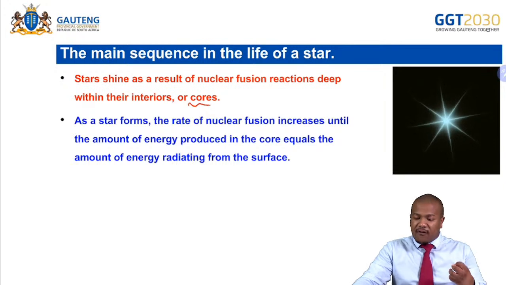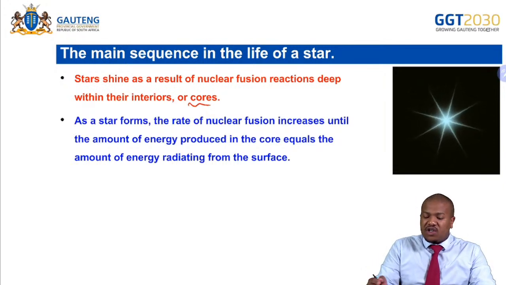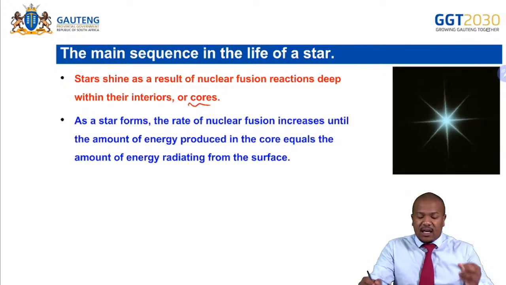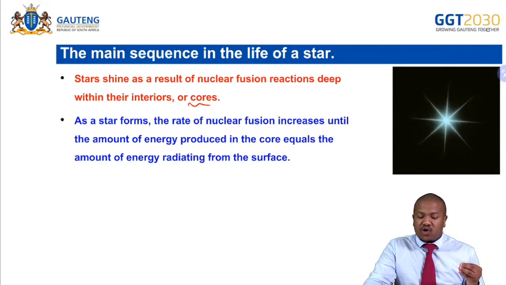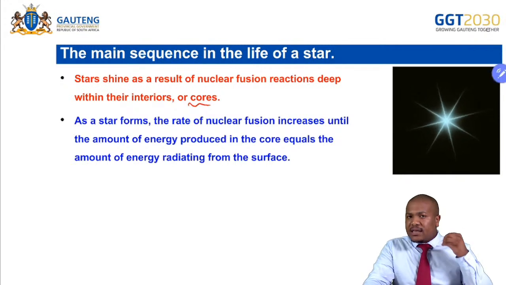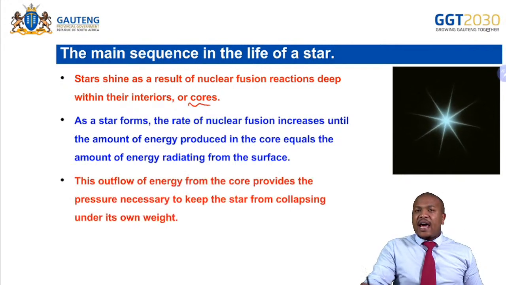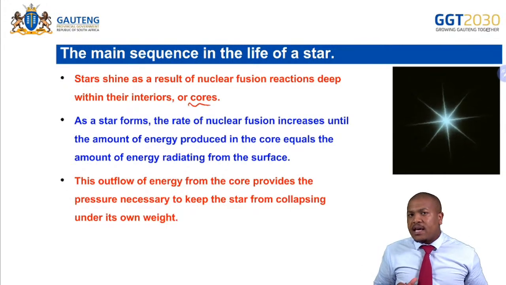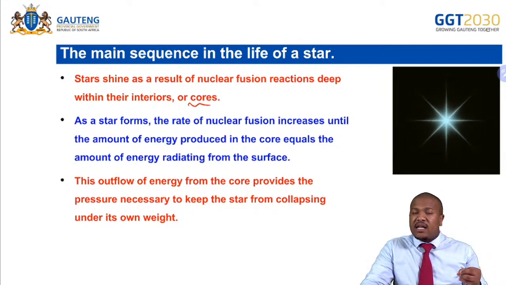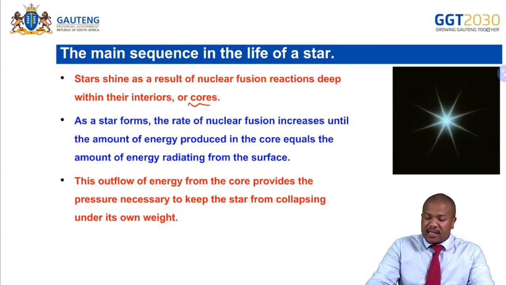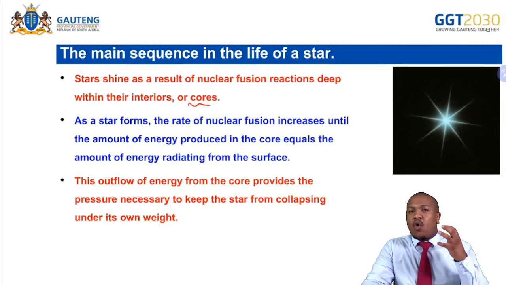As a star forms, the rate of nuclear fusion increases until the amount of energy produced in the core is equal to the amount of energy radiating from the surface. And now, what happens to this energy? This outflow of energy from the core provides the pressure necessary to keep the star from collapsing under its own weight.